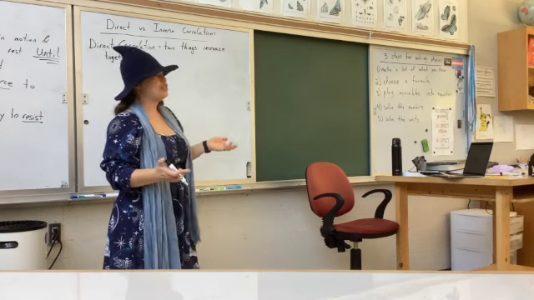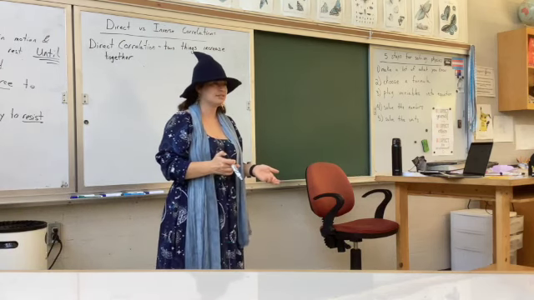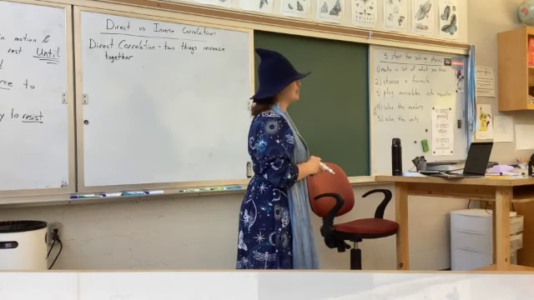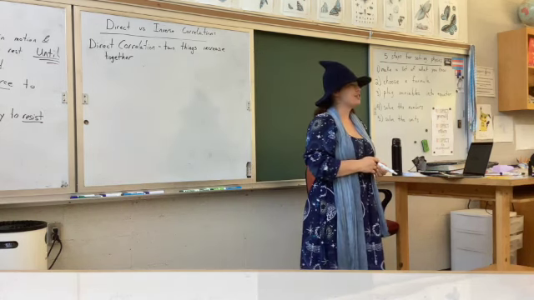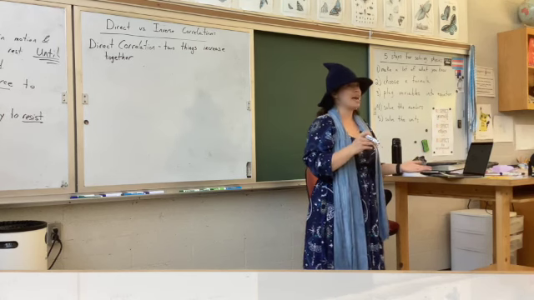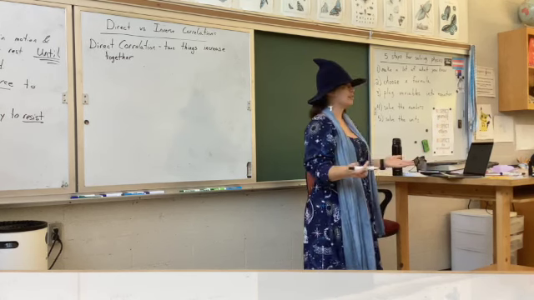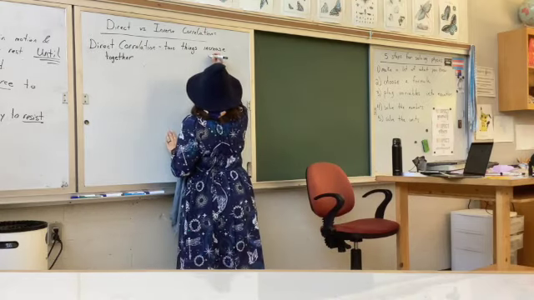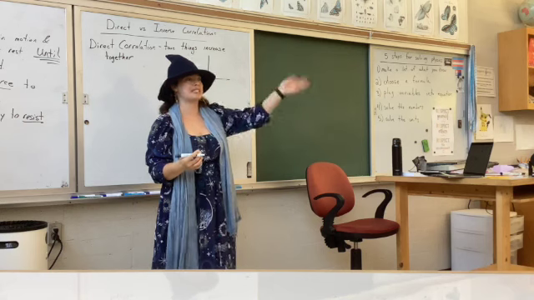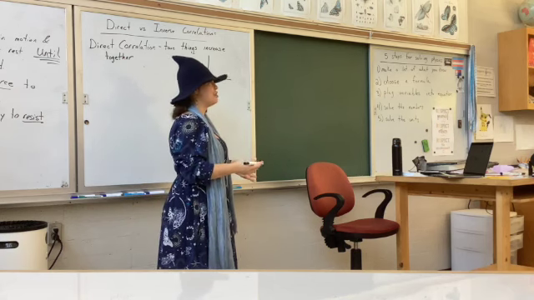One example of a direct correlation might be how much you study for an assessment and how high your scores are. Or how much time you spend practicing and how many basketball shots you make.